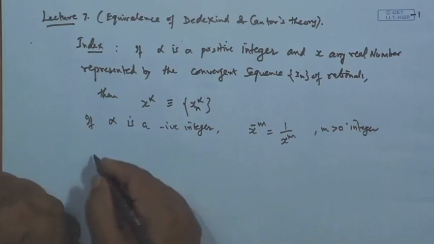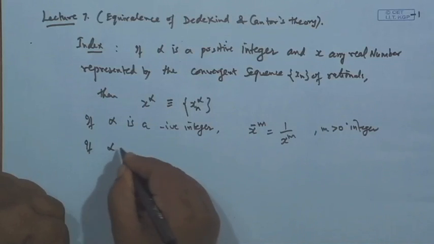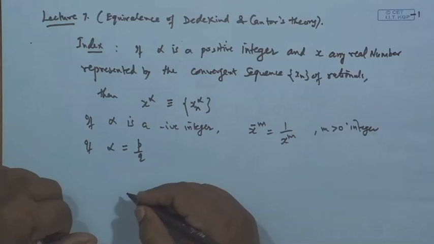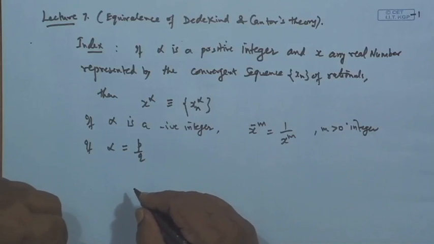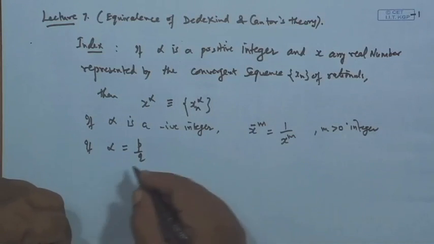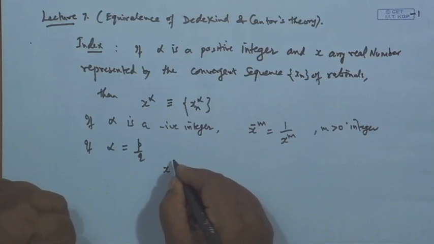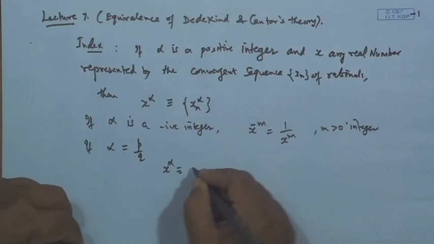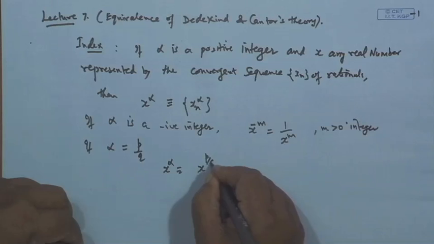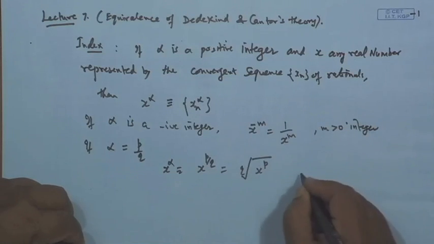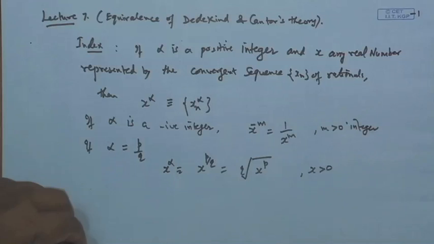And also we have seen if alpha is fractional, p by q, where p and q are integers, then x to the power p by q is the qth root of x to the power p, where x is taken to be positive.